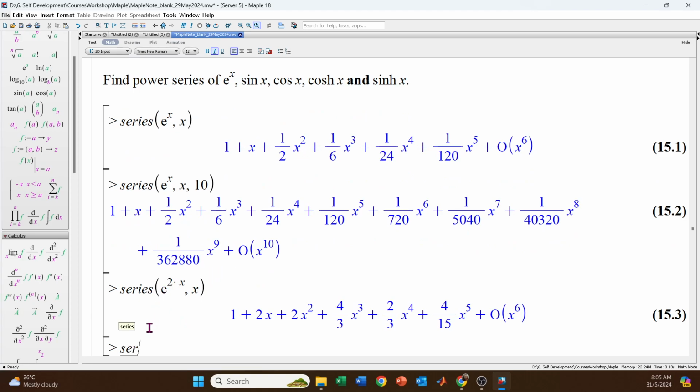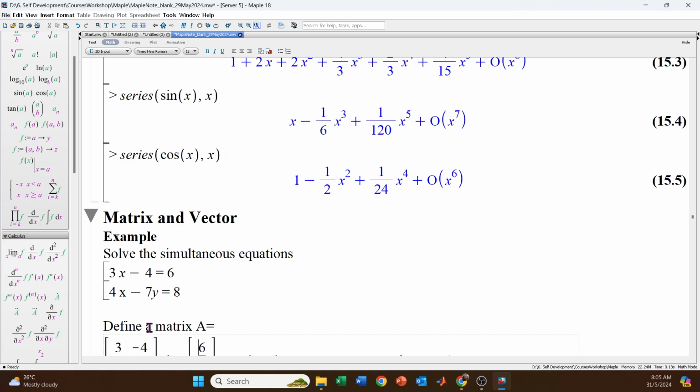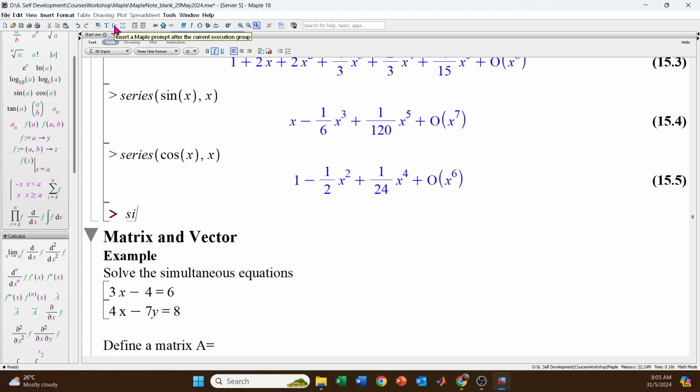Okay, so same thing with others. Sin x comma x. Series, let's say cos x over x. You want hyperbolic sin, cos series.